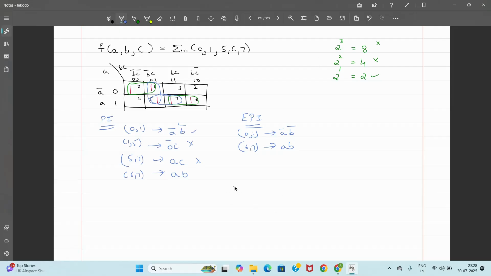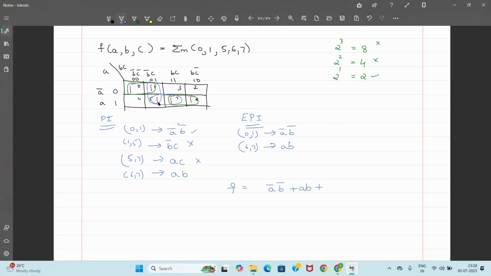Now, if I have to write the final equation for this, I have two possible solutions for this question. The first possible answer is A bar B bar plus AB. That is, the two essential prime implicants will be there in your solution. The third one, I have two different groups here, right?